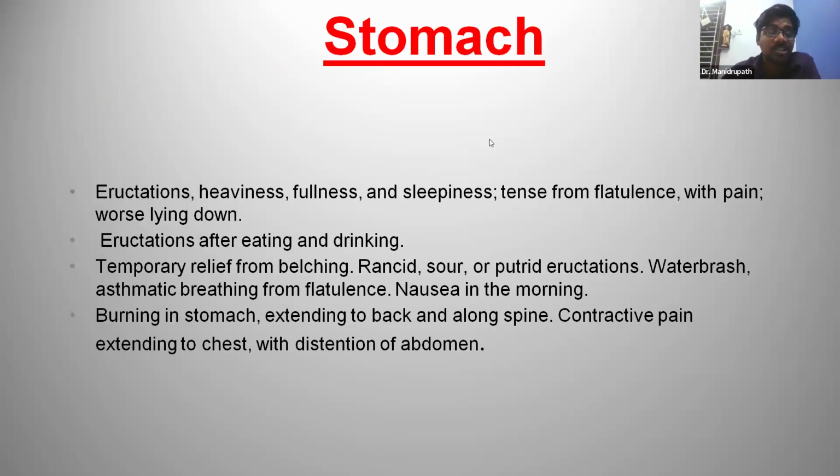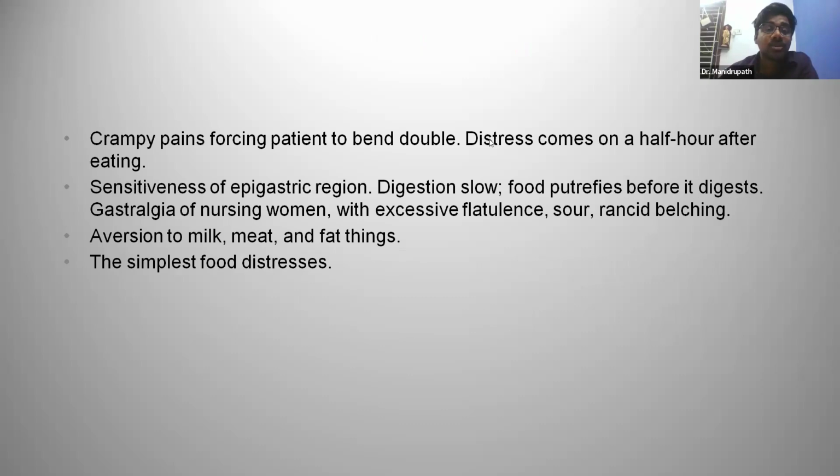Stomach: there is a lot of eructations, heaviness, fullness, tension from flatulence, temporary relief from belching, you can see. Eructations after eating and drinking, nausea in the morning, burning pain in the stomach extending to the back along the spine region. Crampy pains forcing the patient to bend double, like Colchicum. Distress comes half an hour after eating.